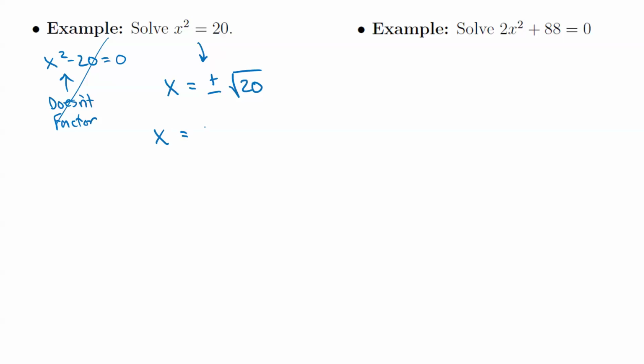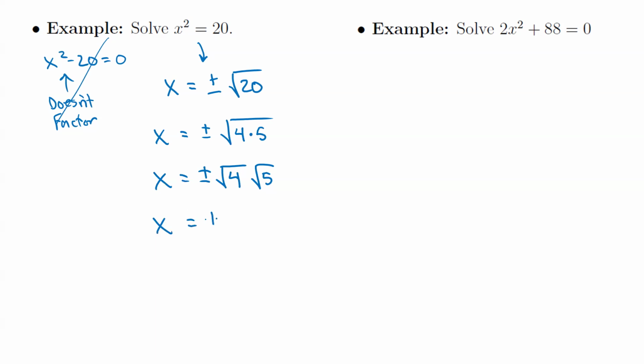Now, the other thing that we are responsible for doing in these problems is to make sure that the radical that we come up with can't be simplified. So we look at 20. We notice there's a perfect square of 4 in 20. So I'll do that and continue to have the plus or minus there.